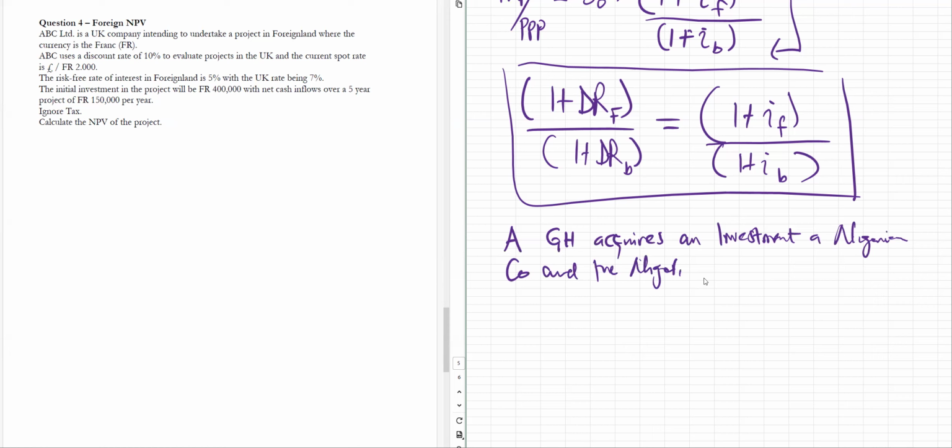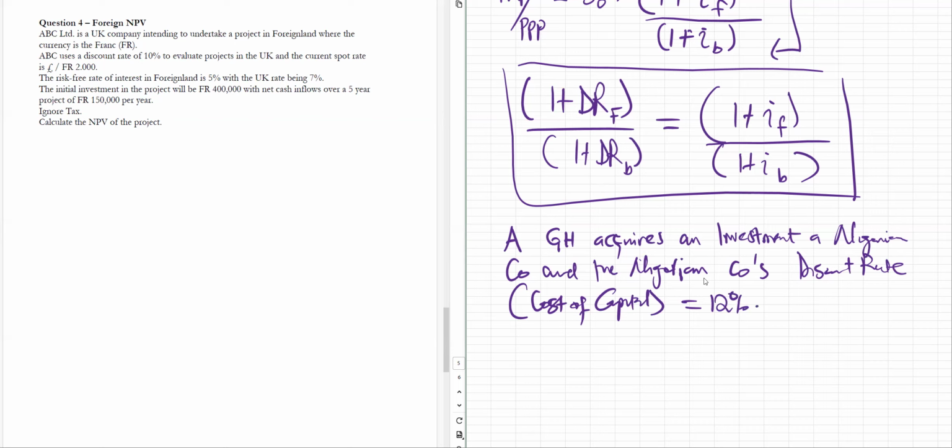The Nigerian company's discount rate, or simply their cost of capital, is let's say 12%.